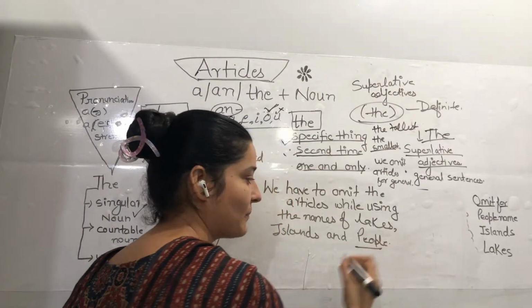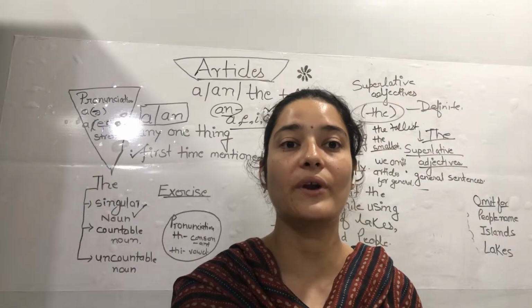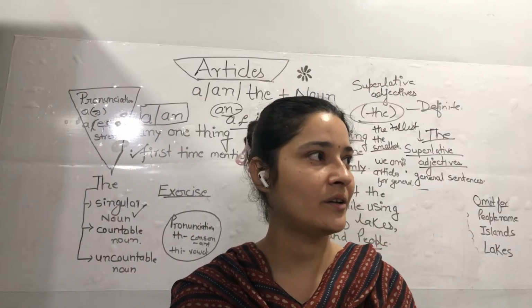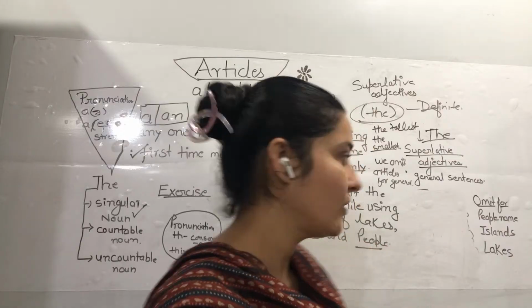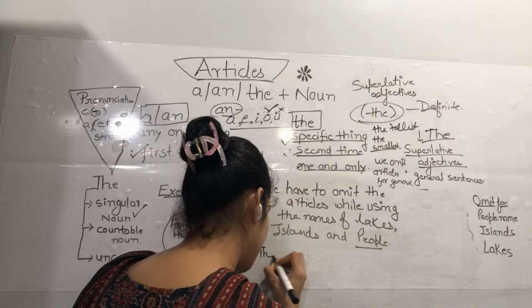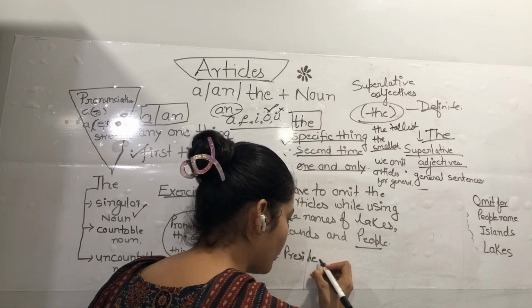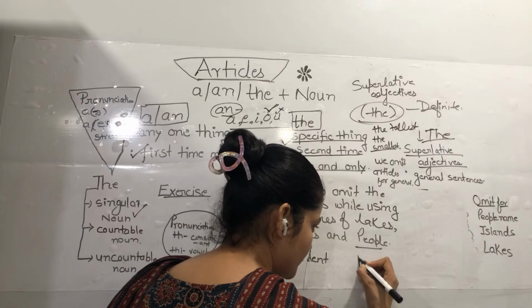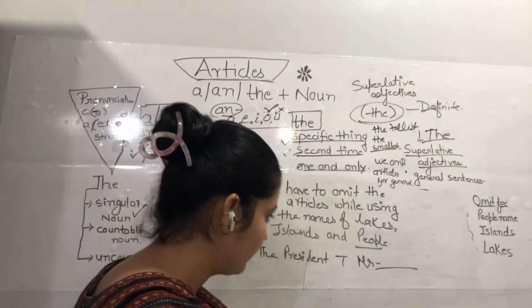People. Now I'm saying people, but if there is some kind of uniqueness, the president of India, the president of the United States of America, then we have to use the president there. But if I know a president's name, maybe Mr. Anything, I'm not mentioning the. Why?